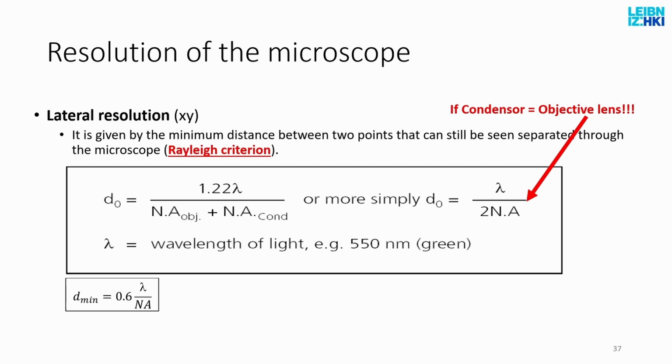And if your boss says, okay, I want you to measure these nanoparticles which are 100 nanometers, and I want you to count them, and this is the microscope you have, then you say, I cannot do that, because my resolution is lower than the size of the object that I want to measure.